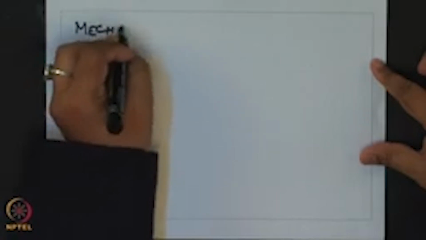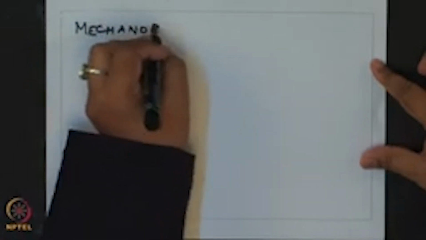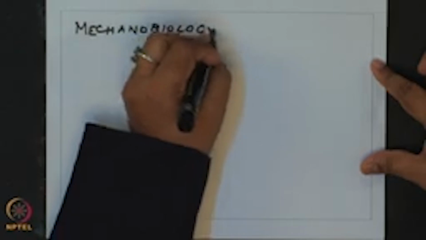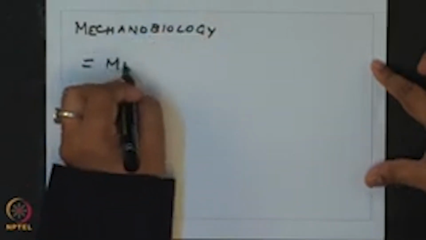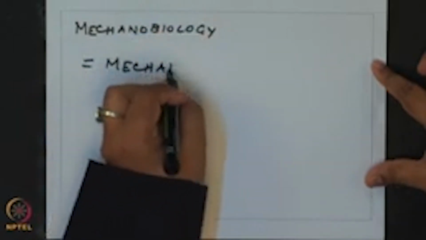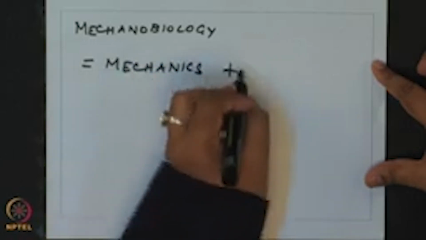So, what is mechanobiology? As the name suggests, you have a mechano and a biology component. Mechano probably indicates that there is some amount of mechanics in biology. If you have to break down mechanobiology, I can break it into two terms, mechanics plus biology.